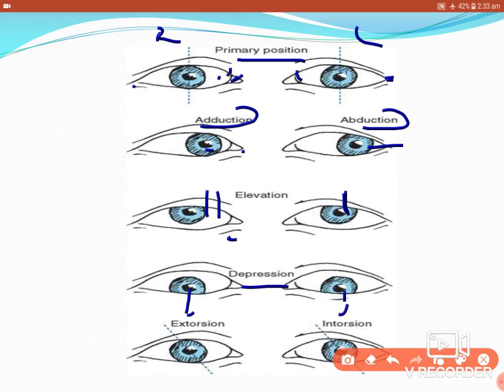Here intorsion means that the 12 o'clock position of the cornea rotates towards the medial side, that is the intorsion, and it rotates laterally, that one is the extorsion. Okay.